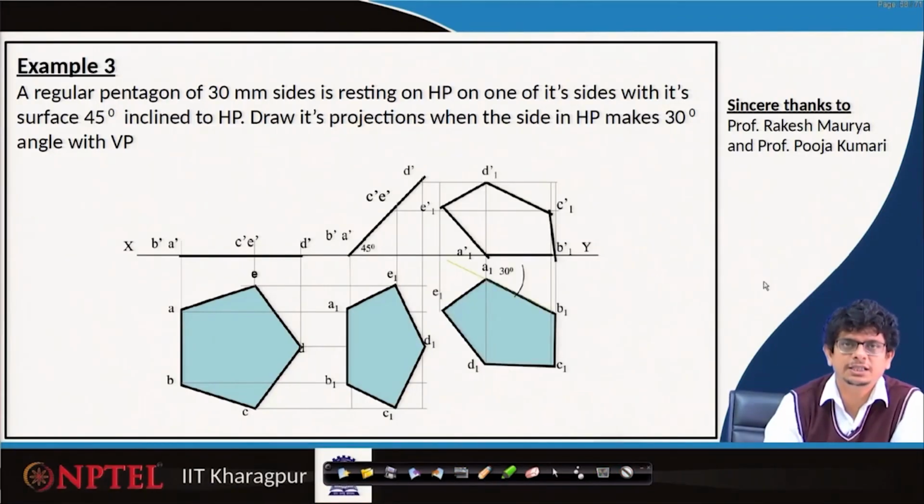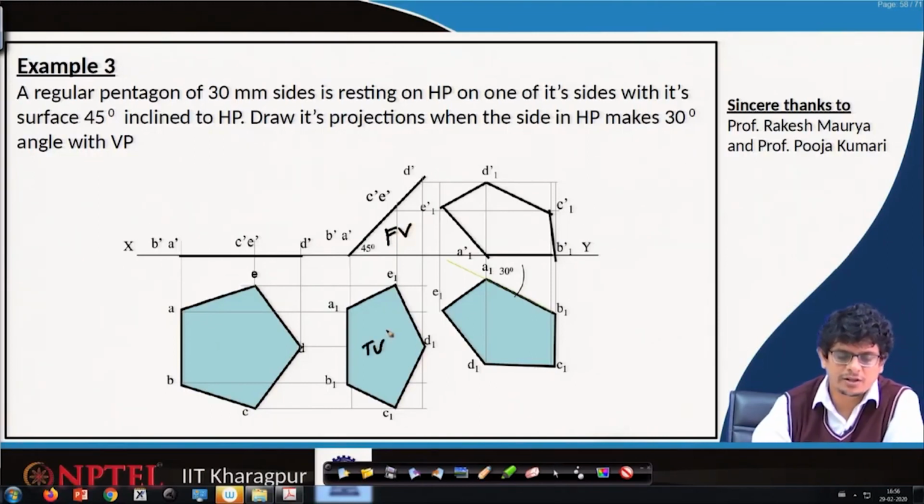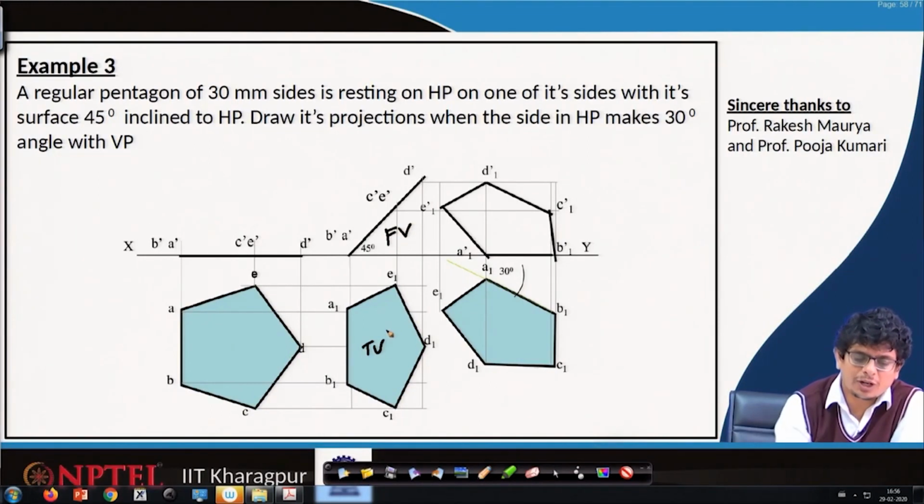After the 45 degree rotation, we have constructed this front view and top view. Now, we are going to align one of the sides, it can be A1E1 or it can be the A1B1 side also.